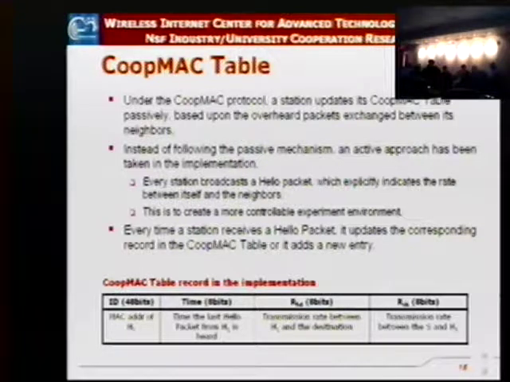Instead of following this passive approach in the implementation, we decided to use an active approach under which every station transmits a hello packet in a periodic manner. So in this packet, we broadcast information about the rates in the 2 hops.